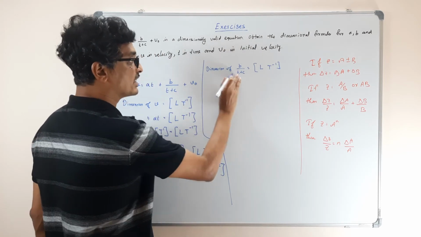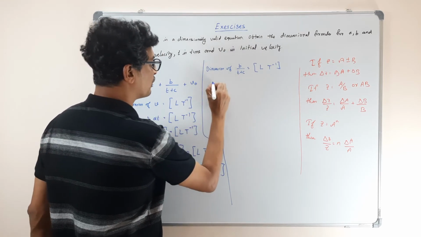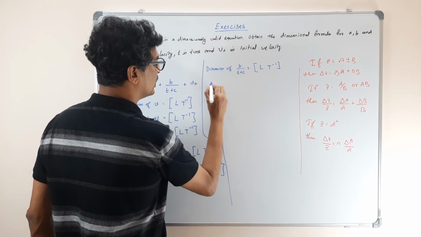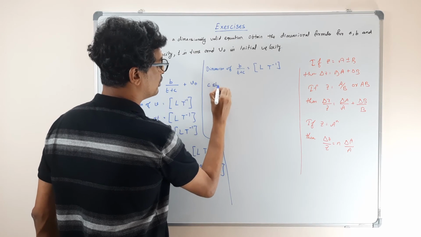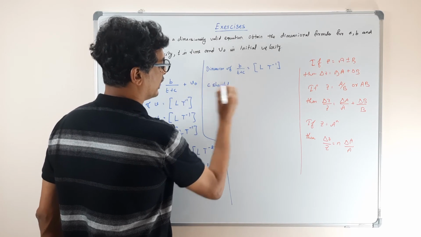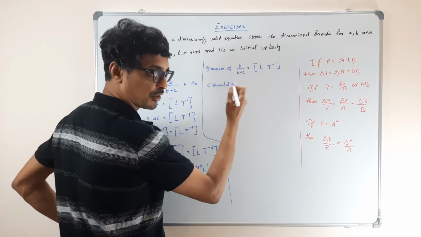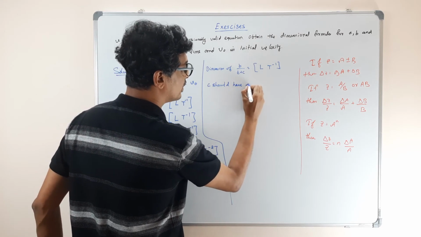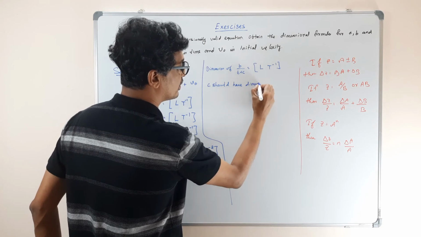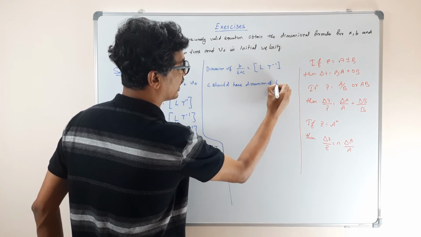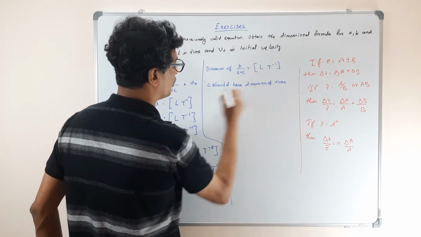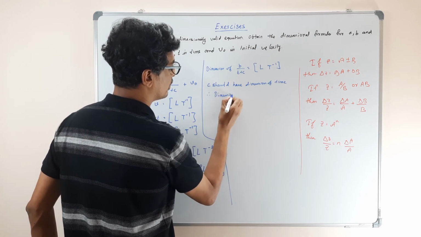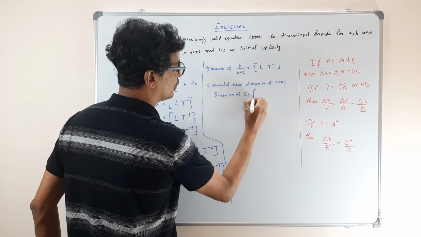T is time, correct? So C should have, I told you, because anything addition will have the same dimension, you cannot add otherwise. It should have dimension of time, right? That is T. Therefore, dimension of C is T.